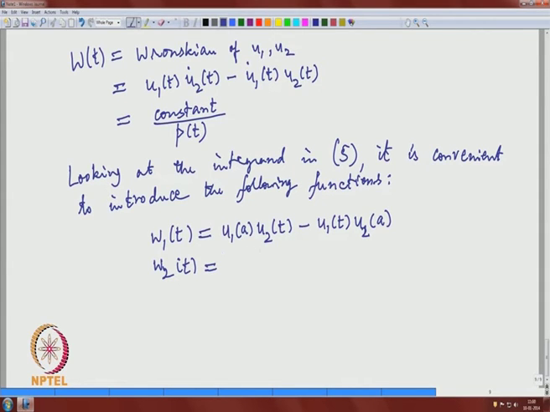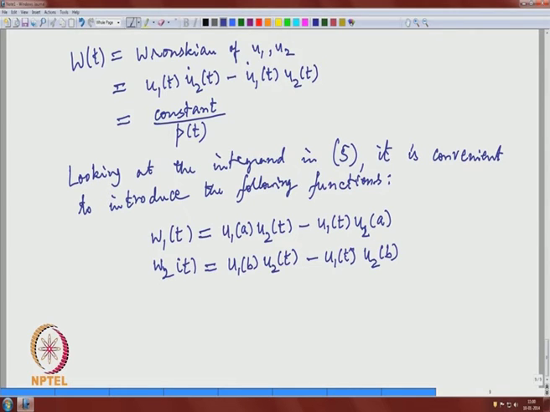This is at one end t equal to a, and this one is u1 b u2 t minus u1 t u2 b. Okay.